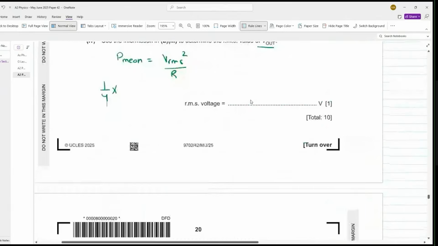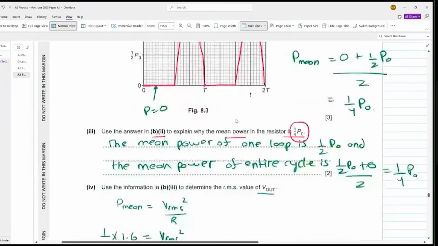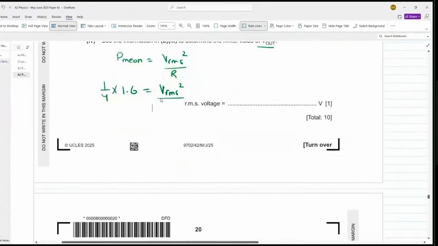So 0.4 equals VRMS square divided by the resistance. What is resistance? 45. So this is 0.4 into 45, and under root is equal to VRMS. What does your VRMS come out to be? 4.2 is your VRMS. Simple as that.